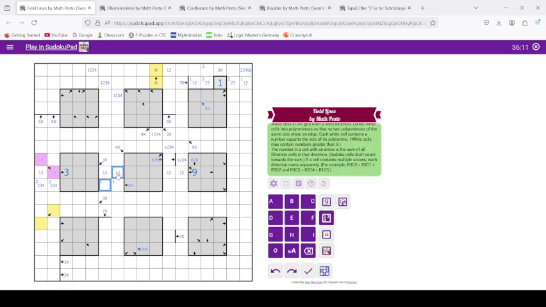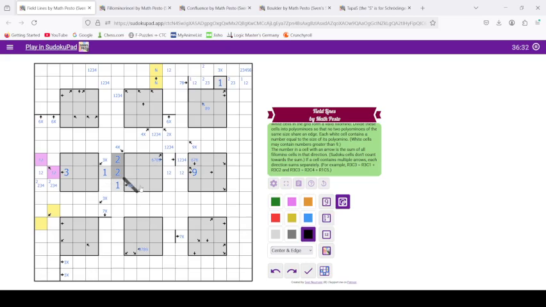Because if 1 went here, it would force this 1 to go here. This would have to be a 2. It would have to come up here, which it cannot do, because this is at least a 3. So these 2 are 1s. This is a 2, makes that a 2 as well. There we go.